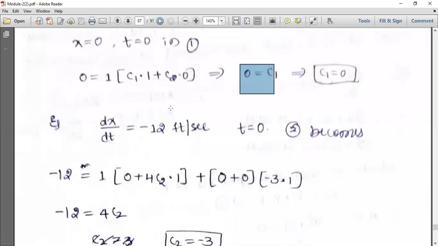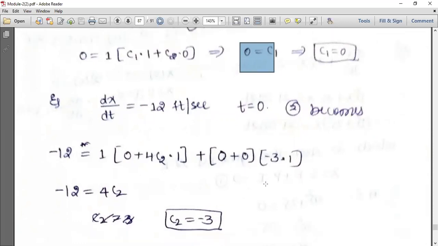Next, dx by dt is minus 12 feet per second at t equal to 0. This value I'll substitute in equation number 2. So what is equation number 2? That is minus 12 is equal to 1 into, wherever t is coming, put it 0. Only dx by dt is minus 12. So 0 plus 4c2 into 1 plus 0 plus 0 minus 3 into 1.